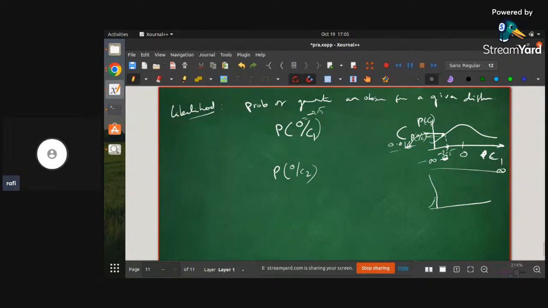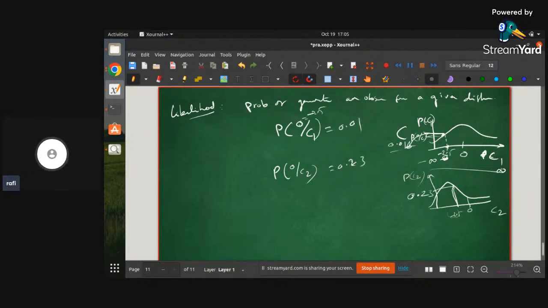Now you have the distribution like this. Here 0 is there and here minus 2.5 is there. This is the random variable C2, this is P of C2. Now if you take O as minus 2.5, this probability is larger than this from the figure, if you understand. So this is like 0.23, something like that. So this is 0.01 and this is 0.23.